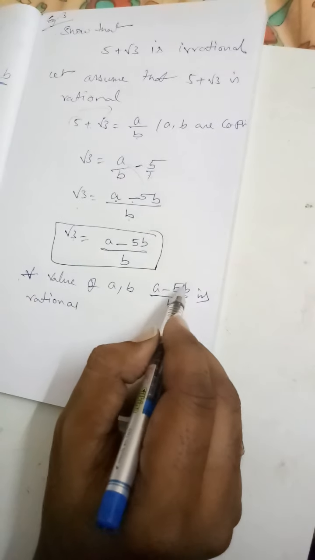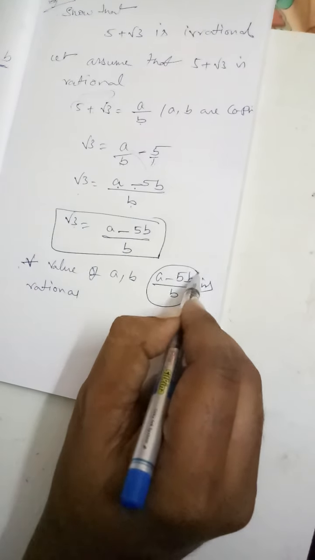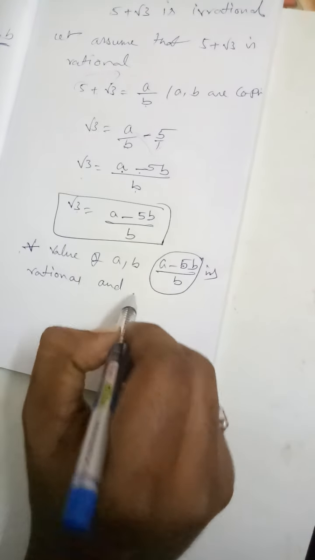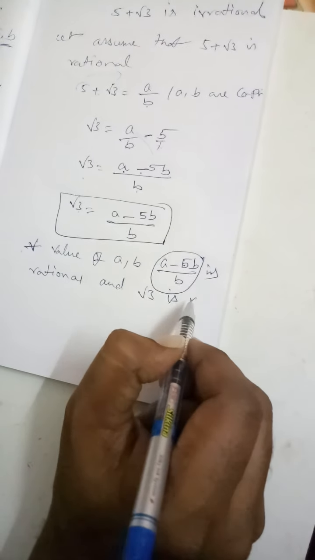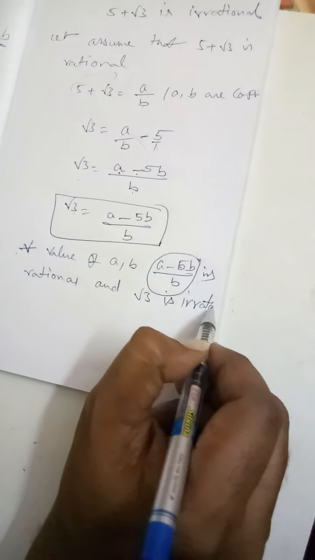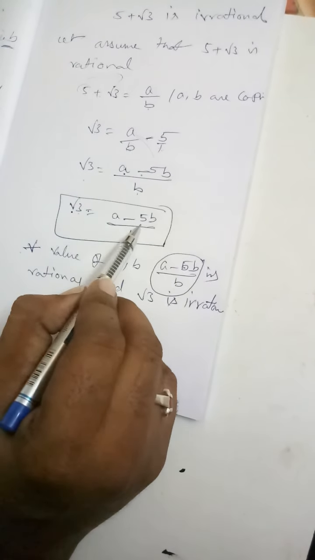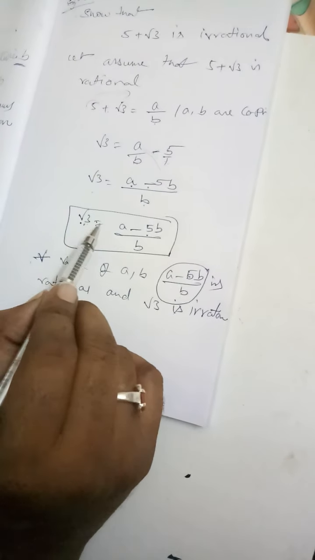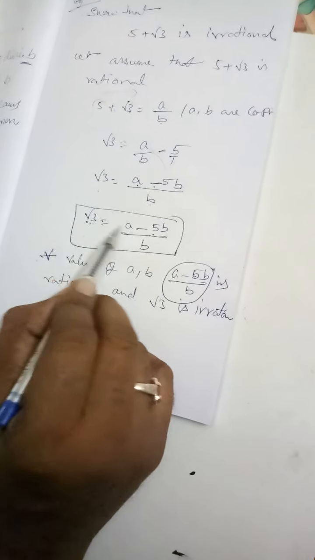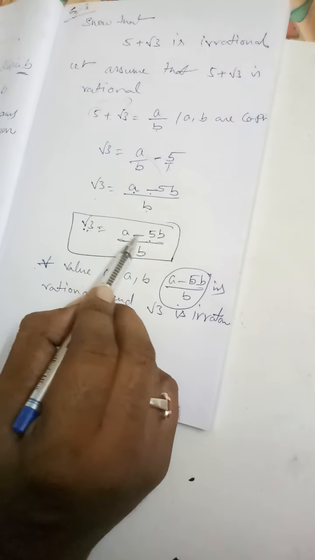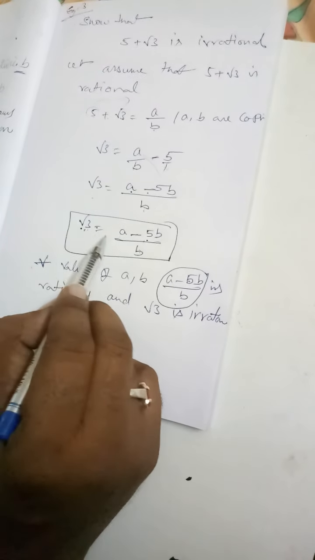And already we proved that root 3 is irrational. But here what we get is an irrational number equal to a rational number. An irrational number is never equal to a rational. So root 3 is equal to a minus 5b by b, irrational equal to rational.